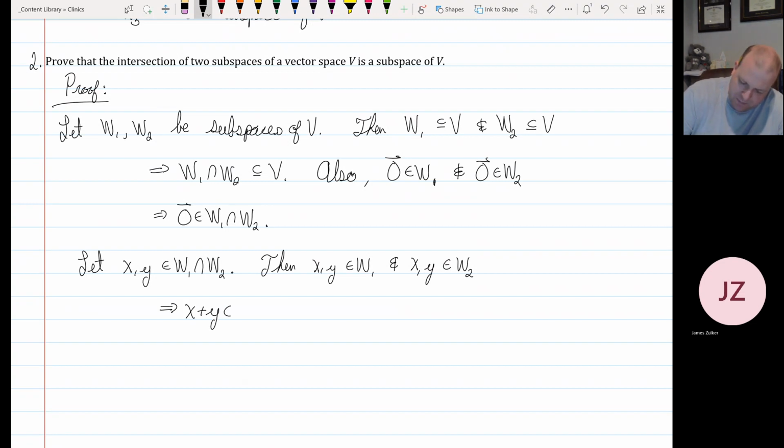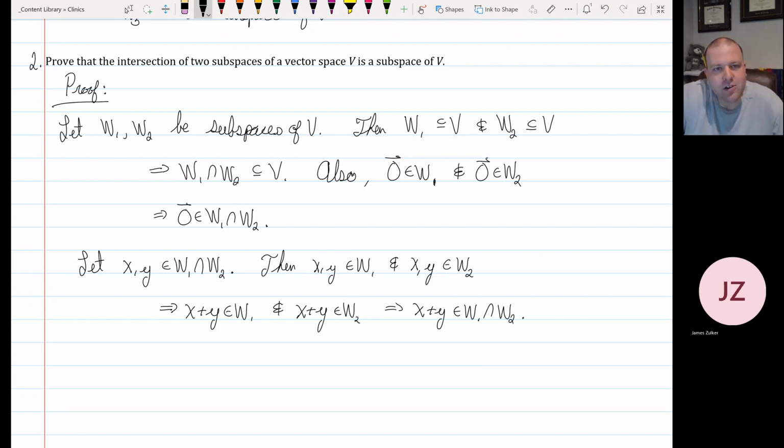But then that would mean that x plus y is in W1, because W1 is a subspace. And x plus y is in W2, again, because W2 is a subspace. So they're closed. But this would mean that x plus y is in the intersection, which is what we wanted.